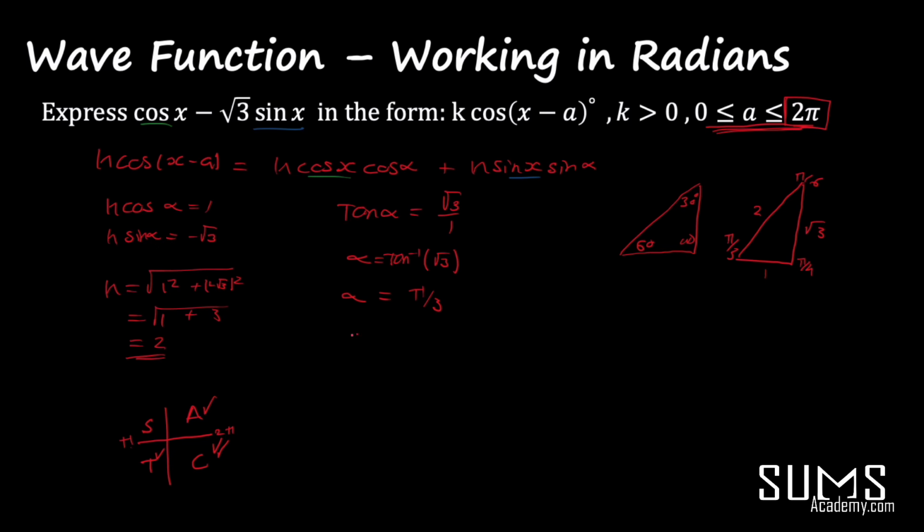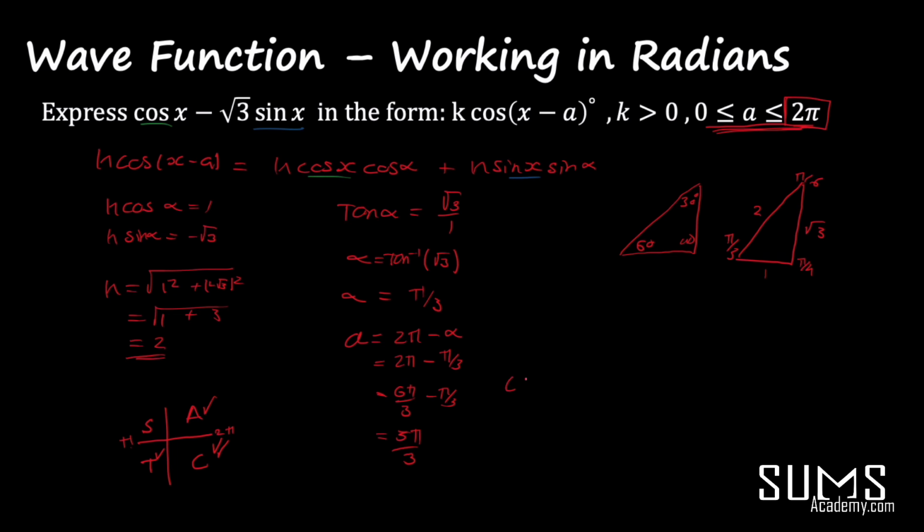So now we need to think about what a is. So a is going to be equal to 2 pi minus alpha, which is 2 pi minus pi over 3, which equals 6 pi over 3 minus pi over 3, which equals 5 pi over 3. Okay, and now we can write out our final expression.